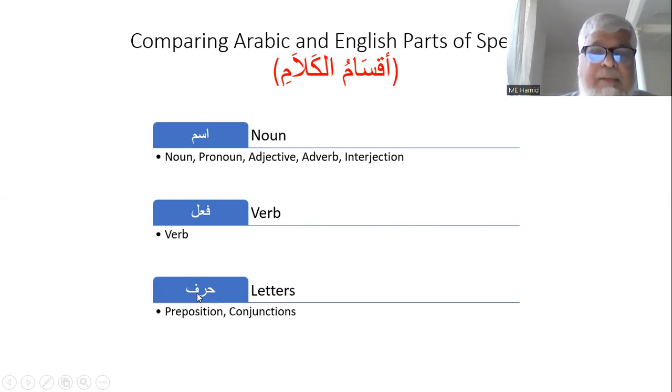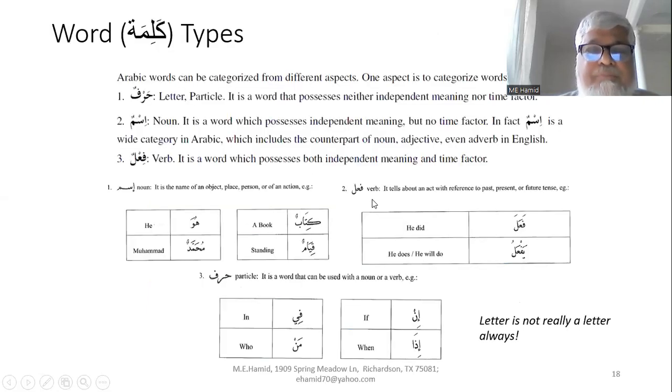Verb is a verb, and the prepositions and conjunctions that we have in English will be called harf, or letters, in Arabic. So Arabic has three parts of speech: ism, fi'l, harf. It is much simpler than the English language. It has only three parts of speech: ism, fi'l, harf.